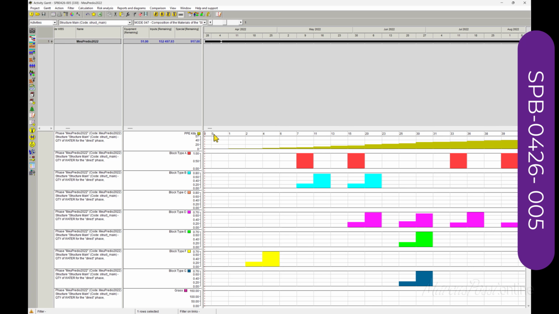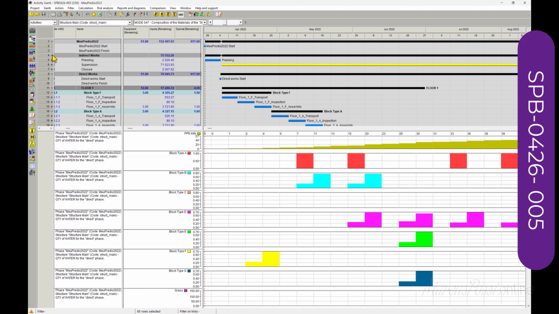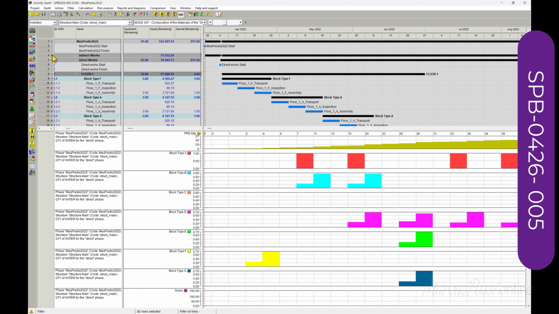We have to start with 0, suppose no work here. There is no direct work. Probably people from indirect work don't use PPE. But as soon as we start working on the ground, we need 1, 2, 4, 6. In the first month we have to have 6 available on the site.